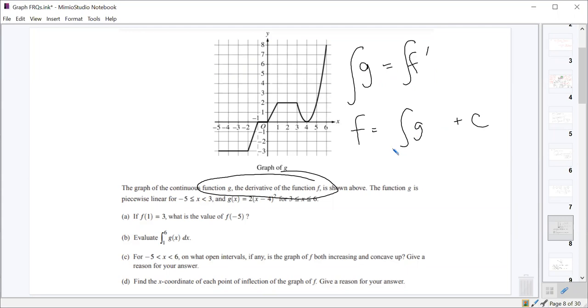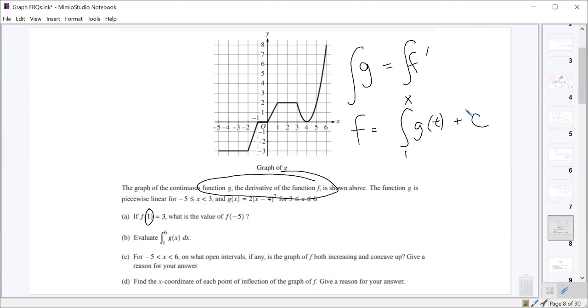We are given an initial condition that f of 1 is 3. So if I put a 1 as my lower limit, we should be able to figure out this constant. And we did this way back when we were doing the fundamental theorem of calculus. We said, make the lower limit this number that you're plugging in, and that will allow you to find the constant.